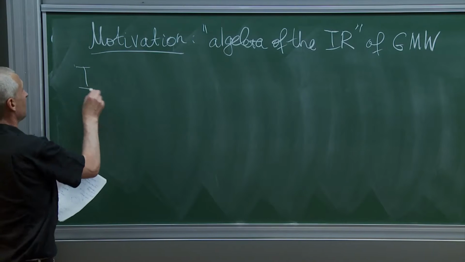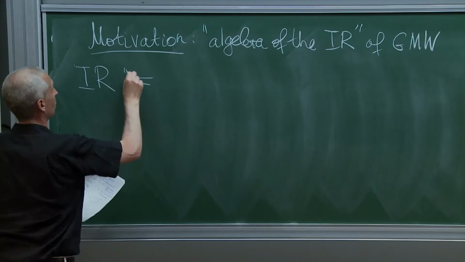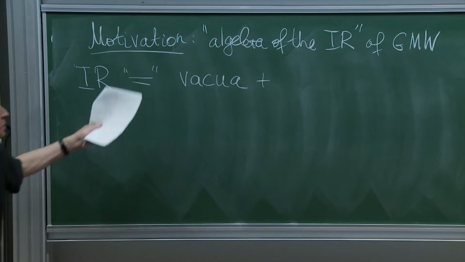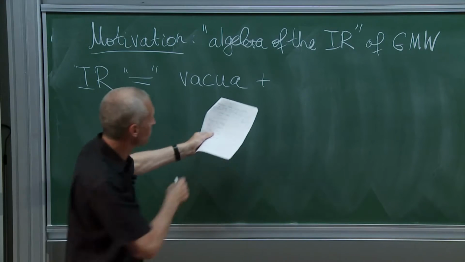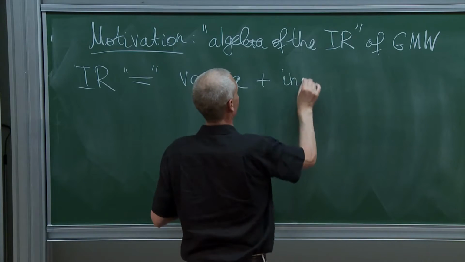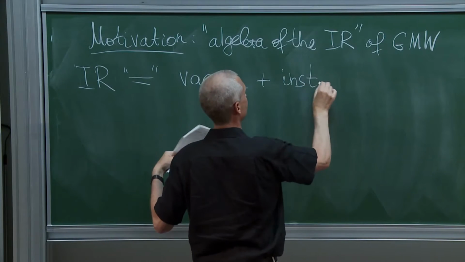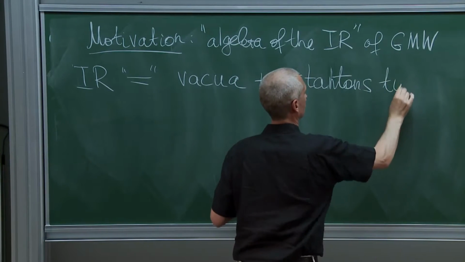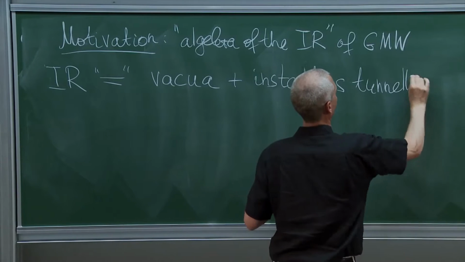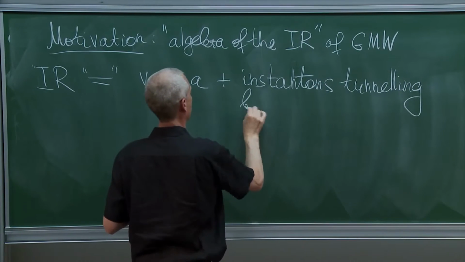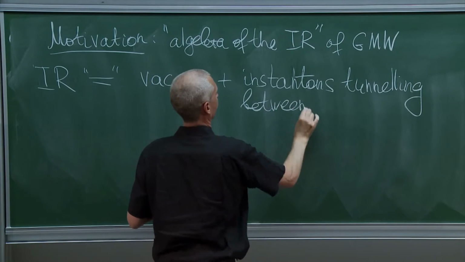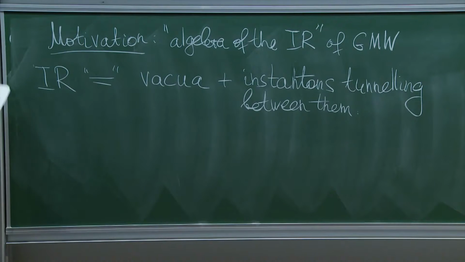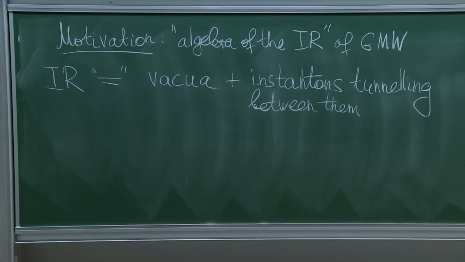So the infrared is sort of a collection of vacua, plus instantons tunneling between different vacua, plus perturbation in this direction.